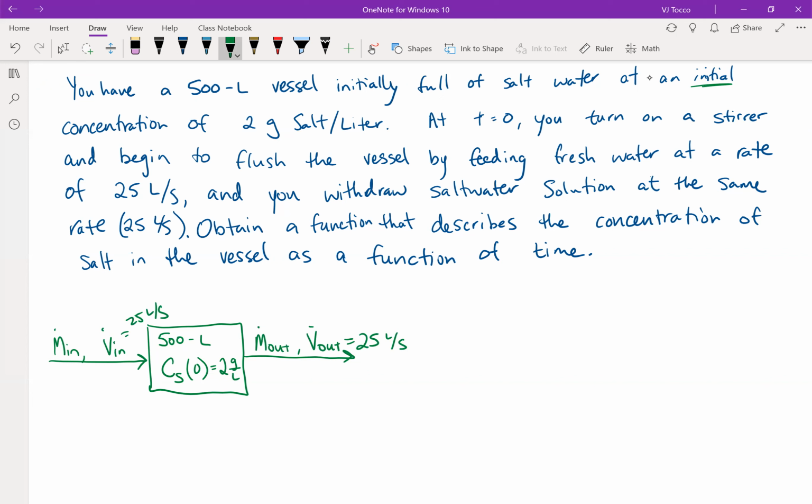Okay, what else has the problem given me? At t equals 0, you turn on a stirrer and begin to flush the tank. So stirring, I need to talk about what a stirrer does. This is a very important assumption, the well-mixed assumption.